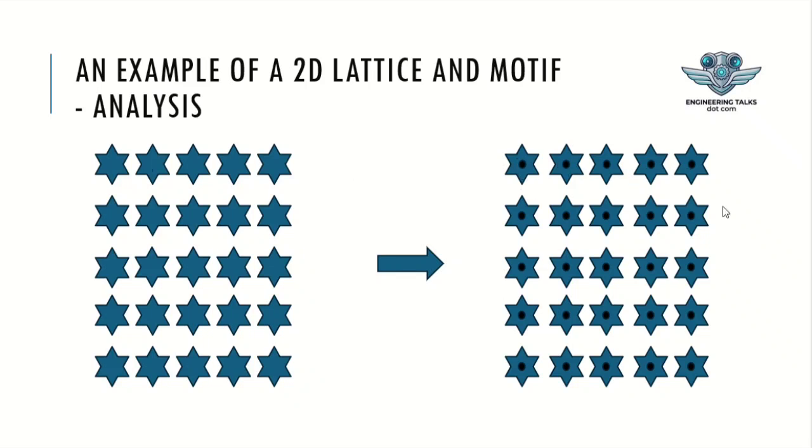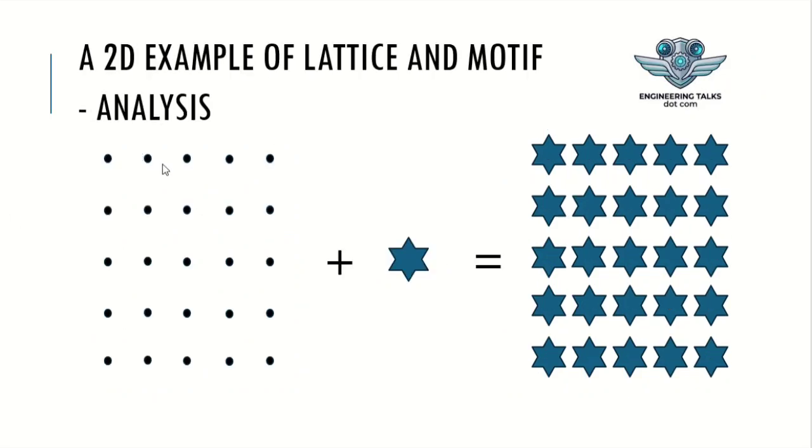Now if we remove this star pattern from this, we will get a pattern like this. So this is not our actual pattern, but this is the lattice of our actual pattern, that is a star pattern. So this lattice tells us how the stars are being repeated in different directions.